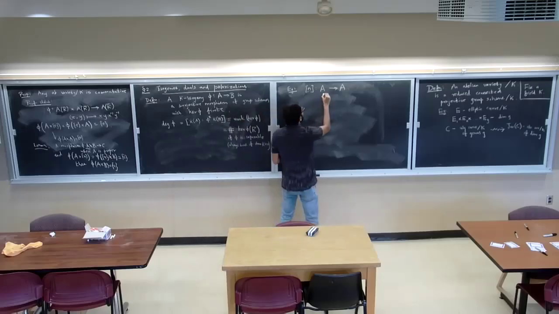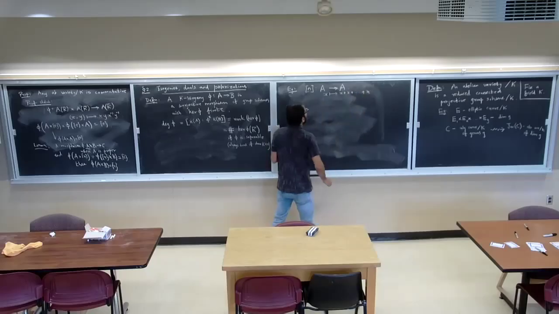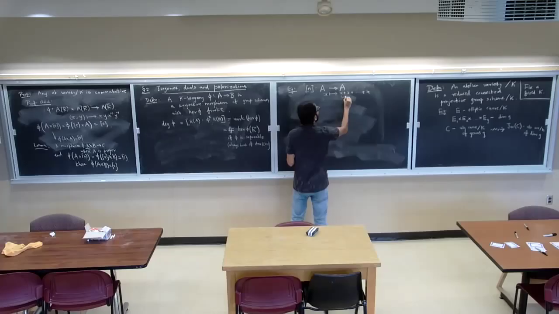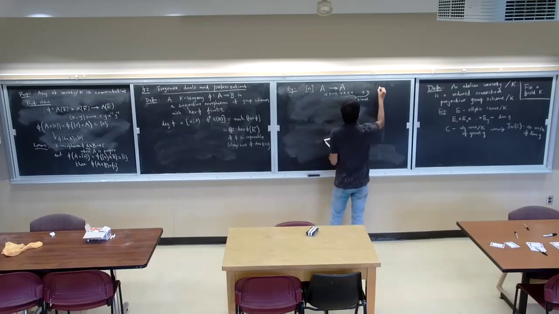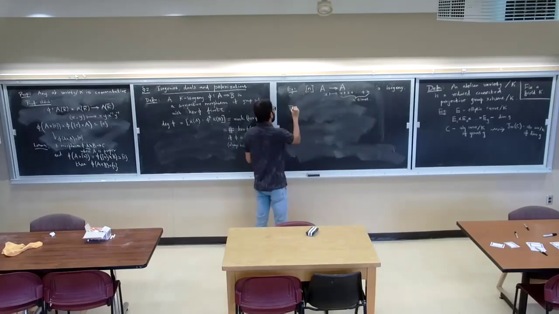This just sends any point x to x plus x. So we always have this isogeny. What is the degree of this isogeny?